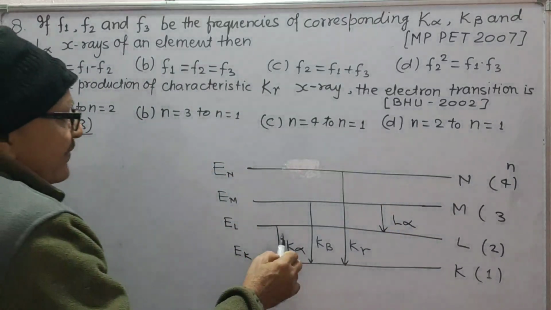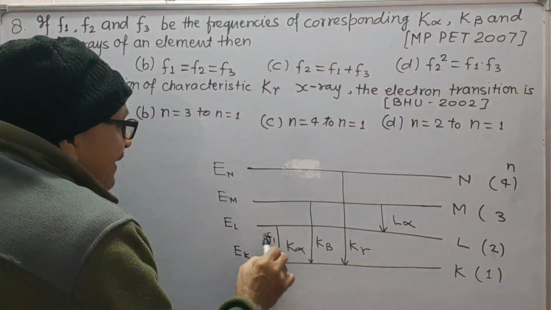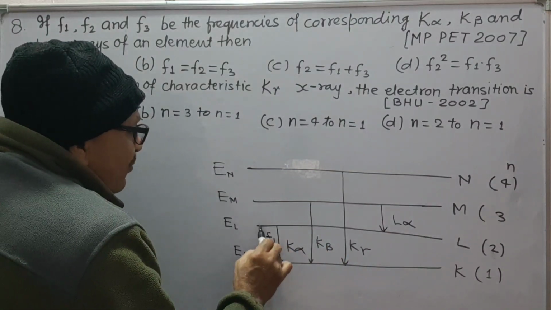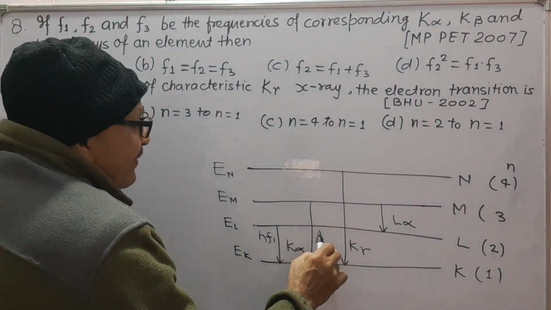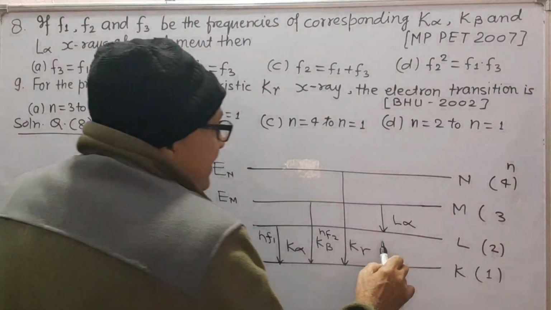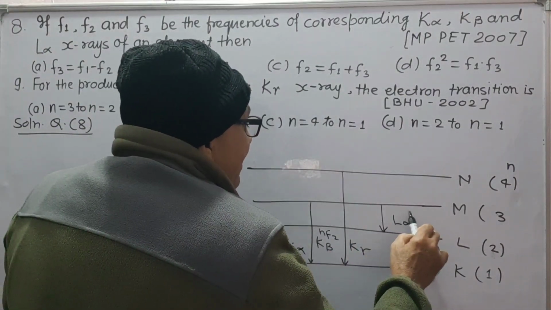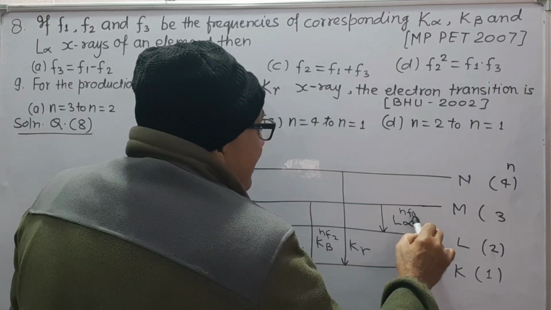According to question, frequency of K alpha is F1, its energy will be hf1, energy of K beta will be hf2, and energy of L alpha will be hf3.